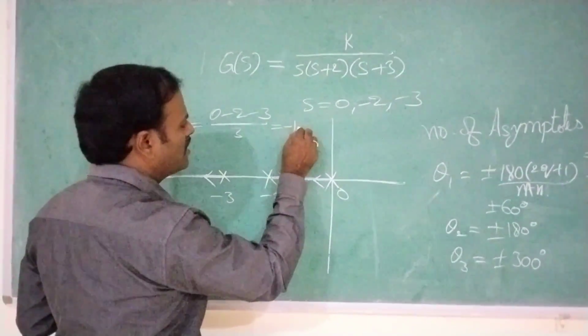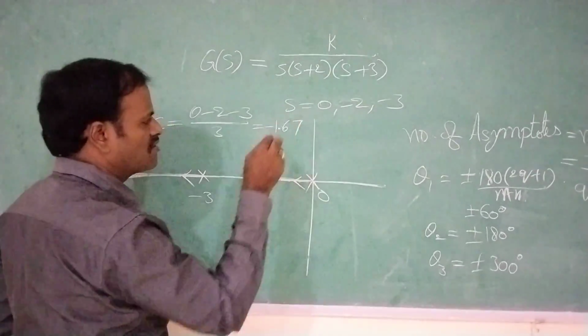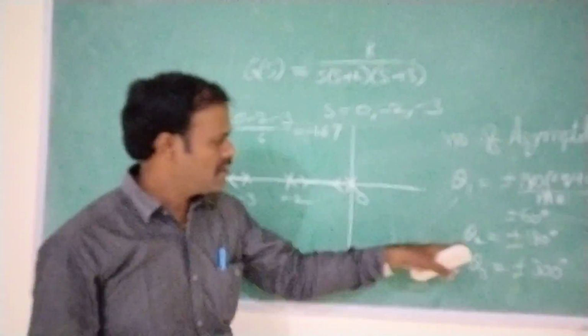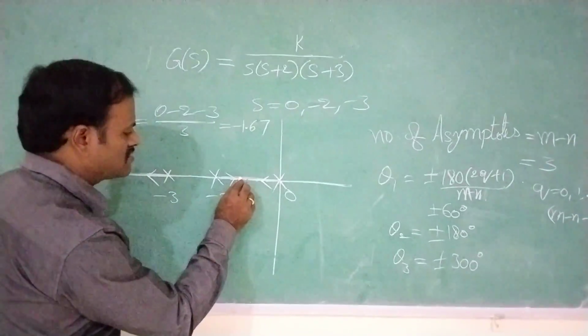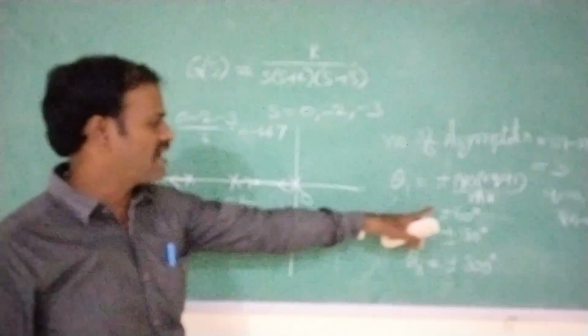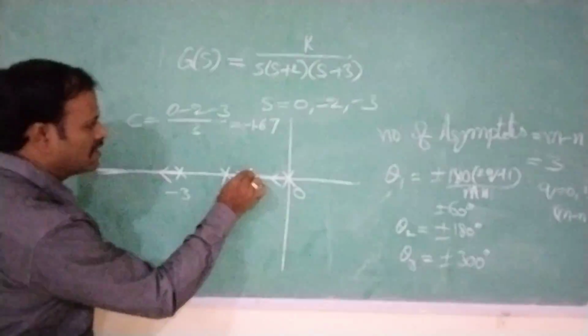That gives minus 1.67. So at minus 1.67, I have the intersection of asymptotes. Let us say this is minus 1.67. At minus 1.67, what are the angles of asymptotes? 60, 180 and 300. All these asymptotes will be intersecting here.